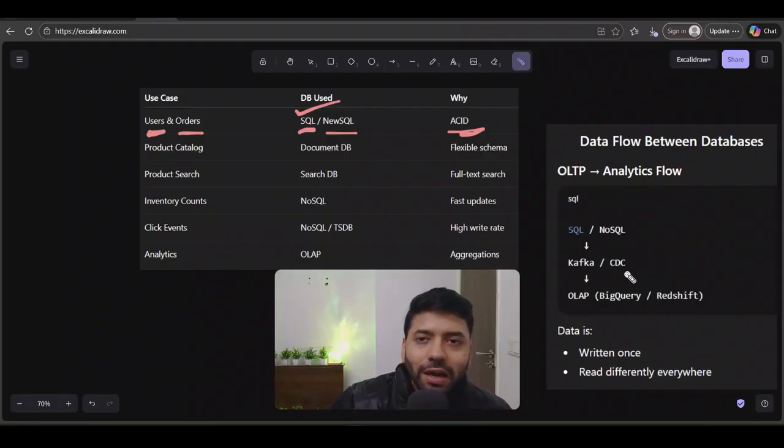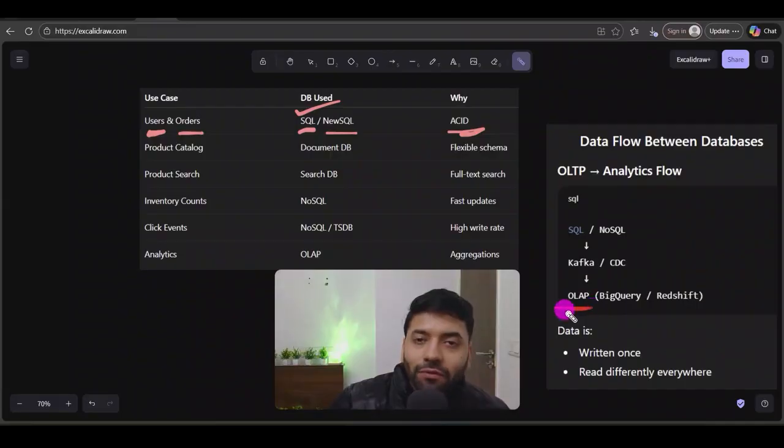CDC is a kind of mechanism which picks up any differences or new changes, whatever has happened in the database, and then those changes can be used. So either through Kafka or CDC or some pipelines or jobs, this data will also come to the OLAP related database.